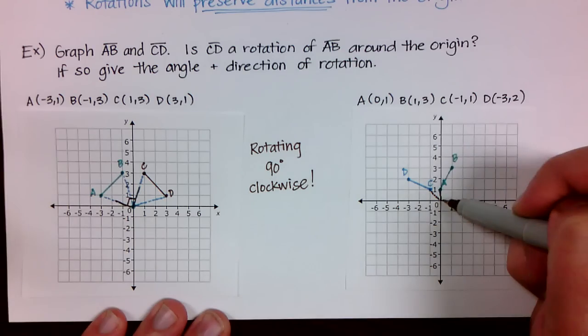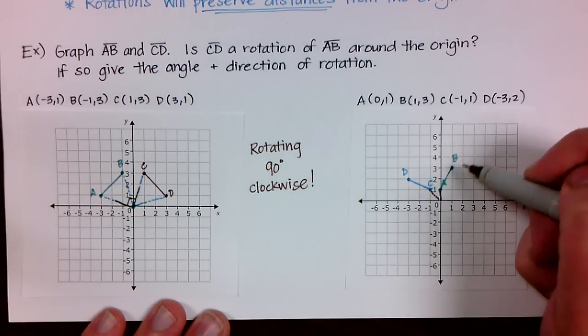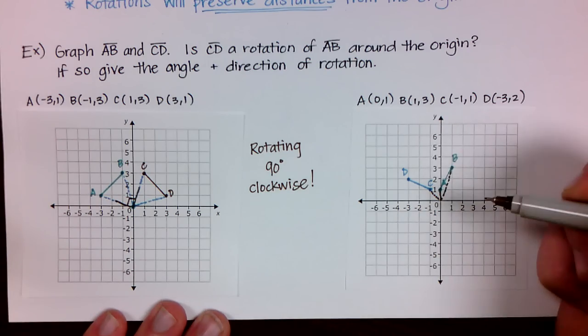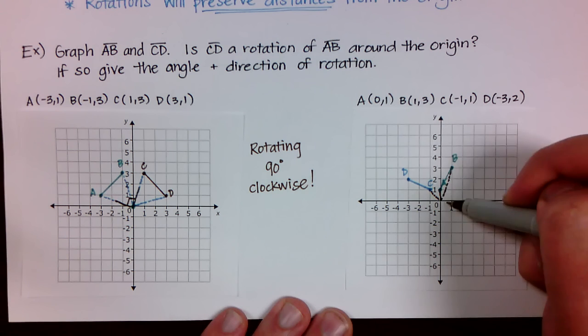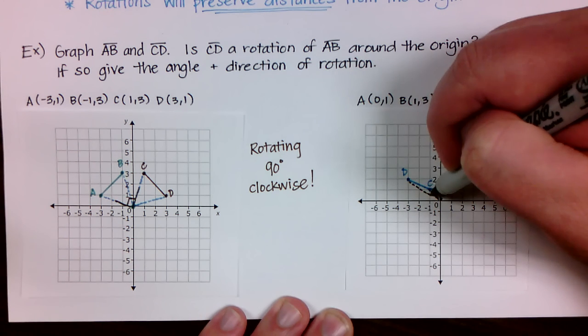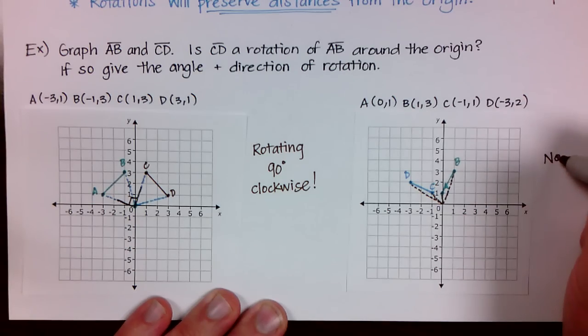One is going across a square, whereas the other one is just going straight down 1 unit. But let's check out B and D. B is going diagonally through 3 squares, but D is going across 6 squares through the diagonal. So definitely this is not a rotation, and it's pretty clear to see that.